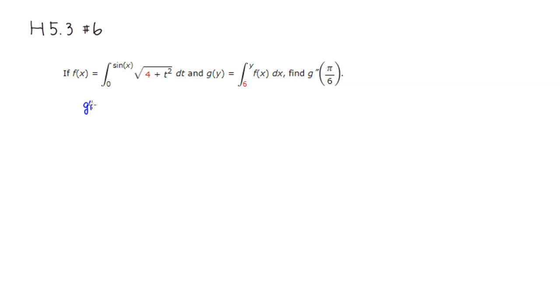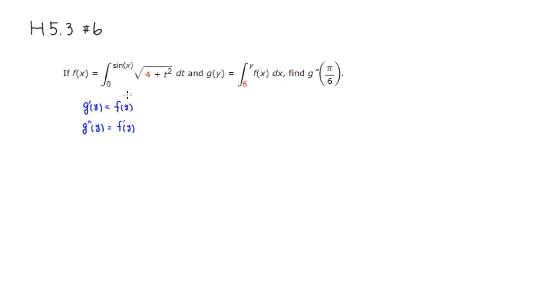G prime of y would be, by the fundamental theorem of calculus, remove the integral sign and then put y in it, so it's going to be f of y. If you want to find g double prime of y, that's just going to be f prime of y.